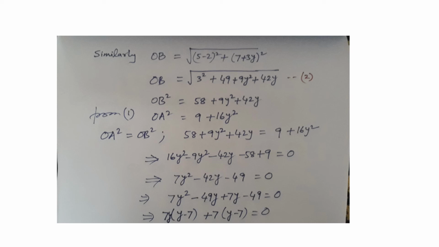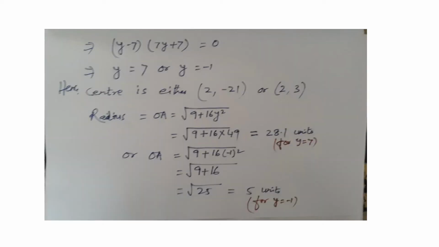Then you take 7y out common, leaving y minus 7, then again take 7 out, leaving y minus 7, and in total you take out y minus 7. What will happen? y minus 7 into 7y plus 7 is equal to 0. So y is equal to 7 or minus 1. Two values we have got. So the center will be either (2, minus 21) or (2, 3).